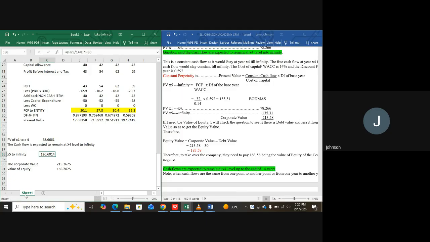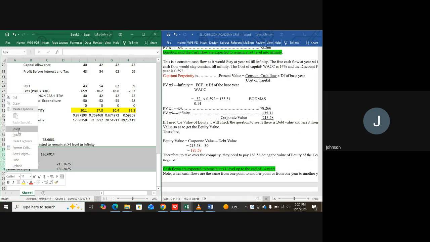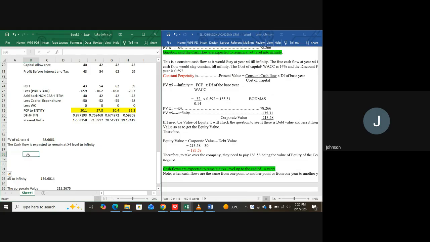Before we do this, let's look at the types of perpetuity.